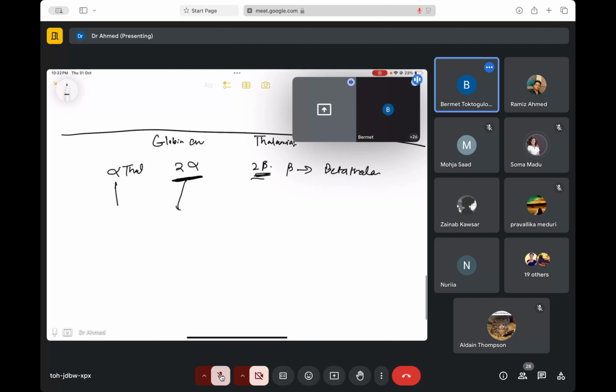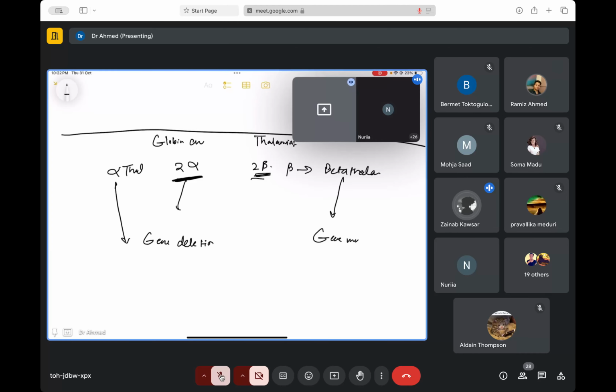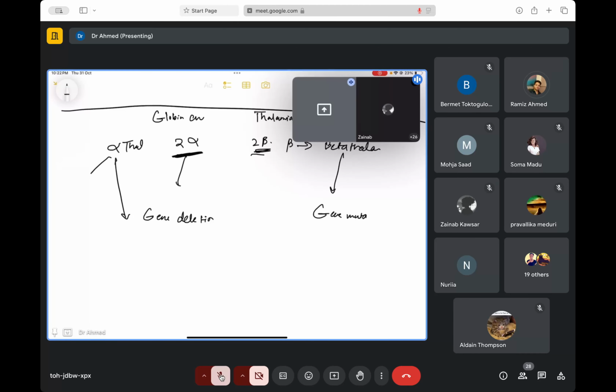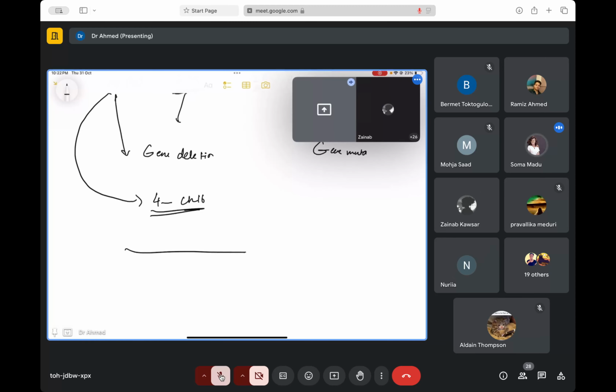So alpha thalassemia is basically associated with gene deletion, and beta thalassemia is associated with gene mutation. Normally you have four genes on chromosome number 16 which encode your alpha chains, so you have four alleles.